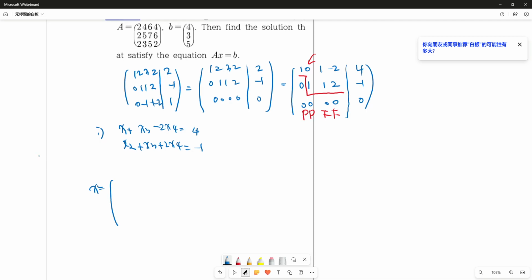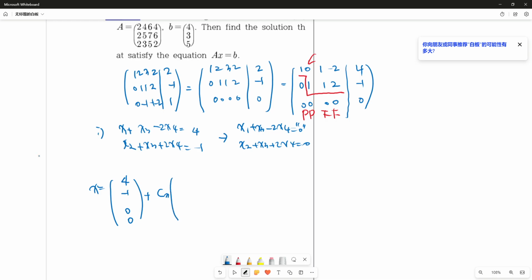So x equals, with x3 equal 0 and x4 equal 0, 4 and negative 1. So the null space: x1 plus x3 minus 2x4 equals 0, and x2 plus x3 plus 2x4 equals 0.